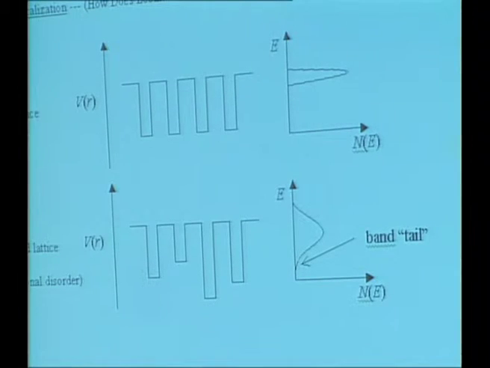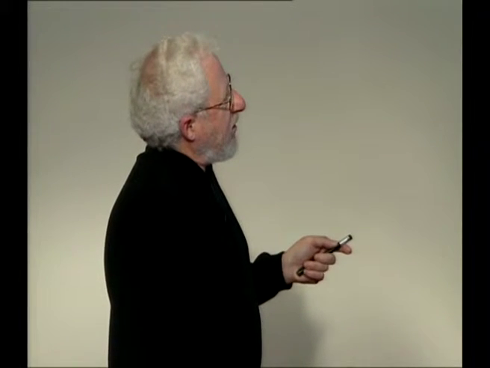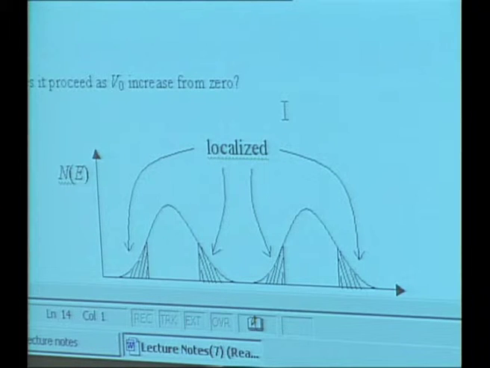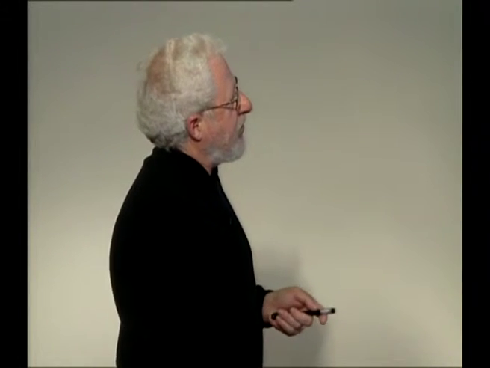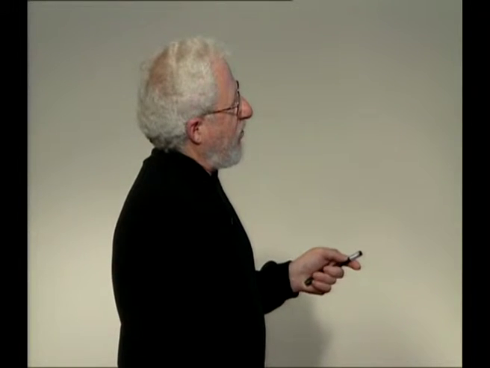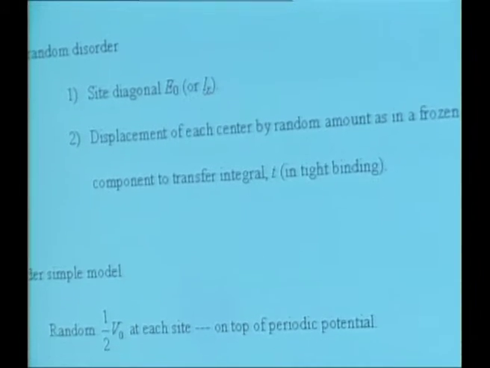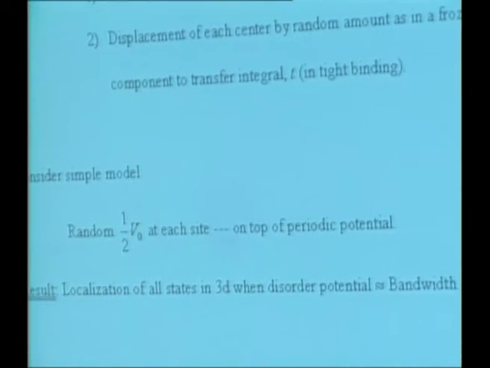I mean, you just put in a lot of defects. What happens is then that these states become less well defined, you get band tailing, et cetera. So here's a simple model, where we talk about site diagonal disorder. That is, every site has some randomness to the energy. Let's call that randomness 1/2 V0.